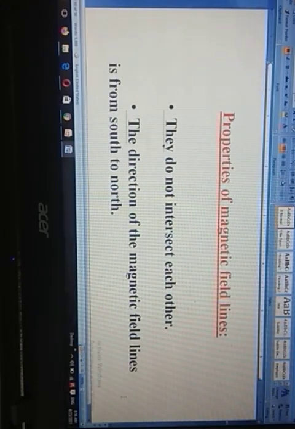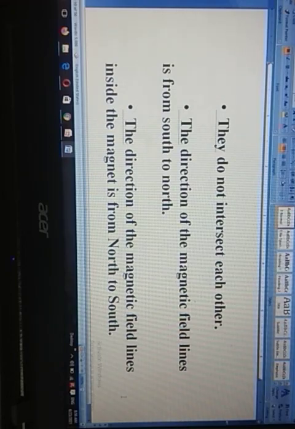Now we have to learn about the properties of magnetic field lines. First of all, you have to know that magnetic field lines never intersect each other. The direction of magnetic field lines inside the magnet is always from south to north.